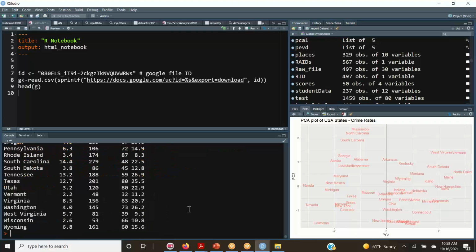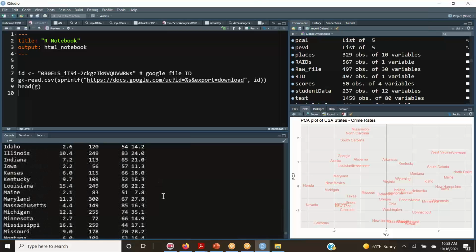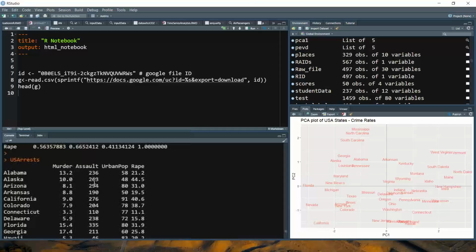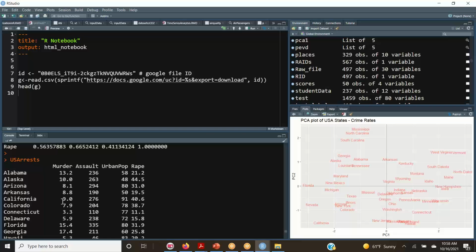USA arrests, then you will know better. If you look at California, murder is 9 and assault is 276. I'm talking about raw data. You have to take the standardized value, that's where we are talking about those negative and positive values.